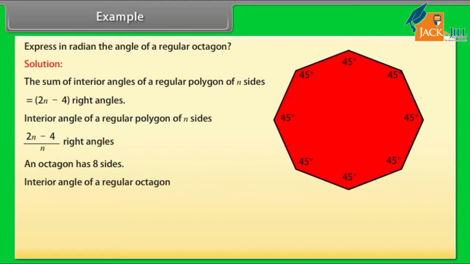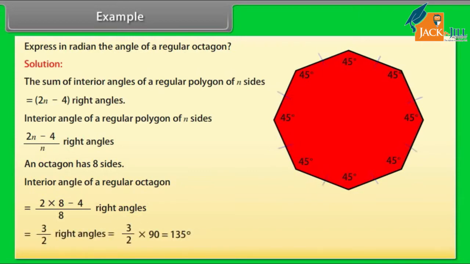Interior angle of a regular octagon is equal to (2 into 8 minus 4) whole upon 8 right angles, which is 3/2 right angles, equal to 3/2 into 90, which is 135 degree. 180 degree is equal to pi radian. 135 degree is equal to pi by 180 into 135 radian, which is equal to 3 pi by 4 radian.